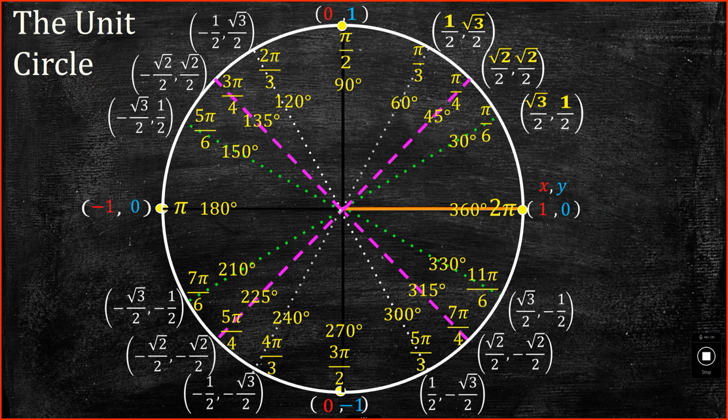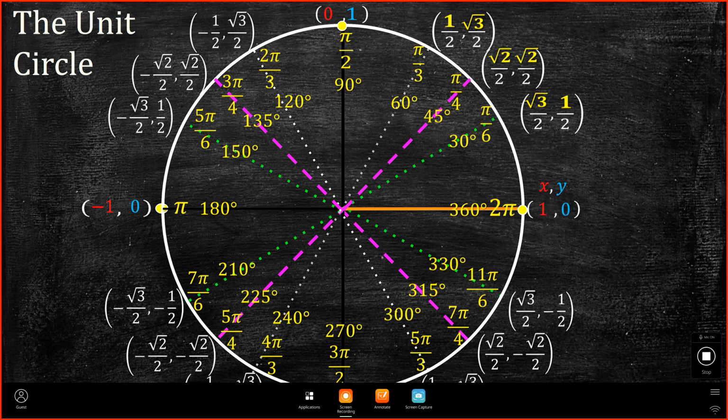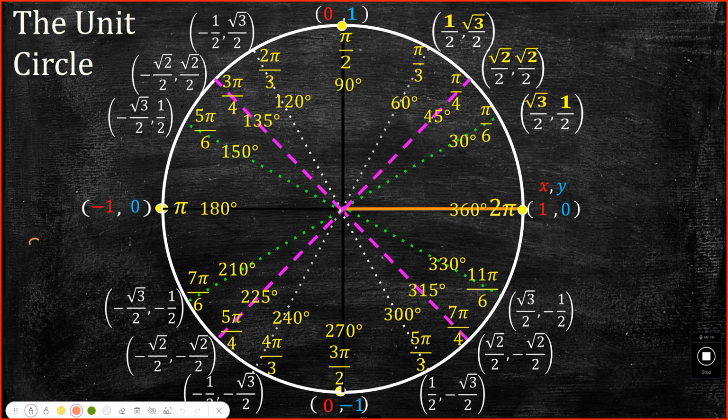All right, if you want to do well on the test on Friday, there will be some problem going like this. What is sine of negative pi by... no, let me make it a little harder. 7 pi by 6.